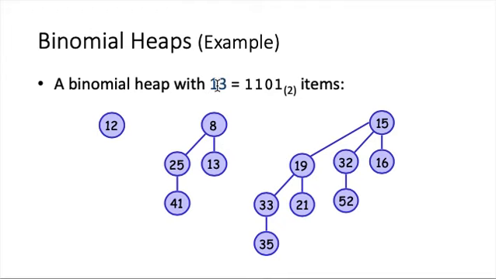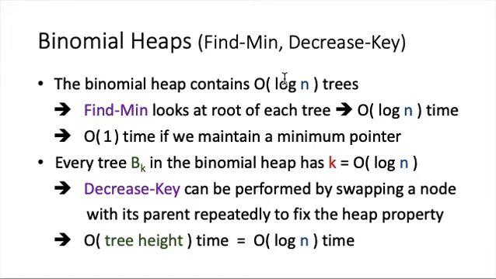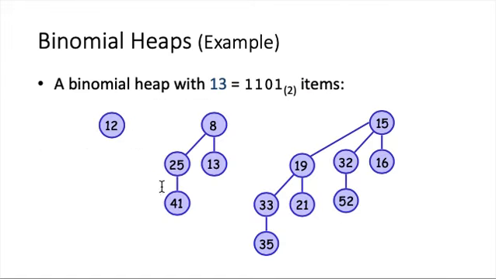First of all, 13 in its binary representation is 1101. This one corresponds to a B0, this one corresponds to a B2, and this one corresponds to a B3. So a binomial heap with 13 items must always have a B3, a B2, and a B0. And this is unique structure-wise.